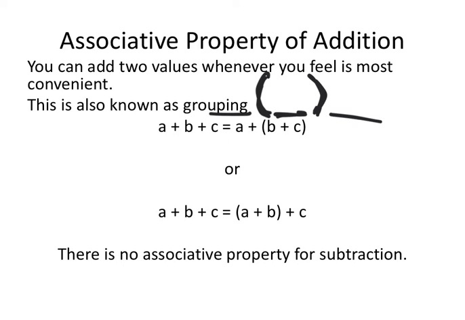And the associative property allows us, and same with the commutative property, to break up problems that are bigger into smaller, more manageable problems, which is essentially the way that we add by place values.